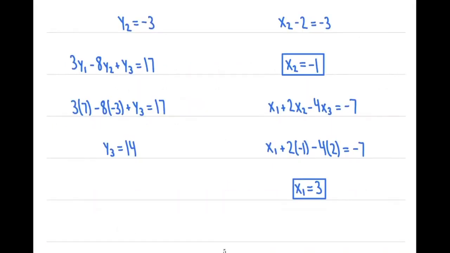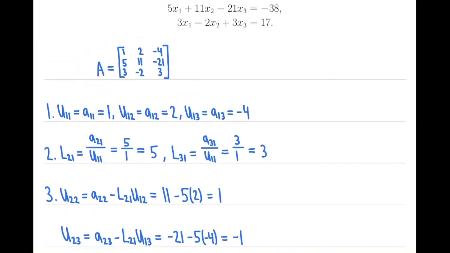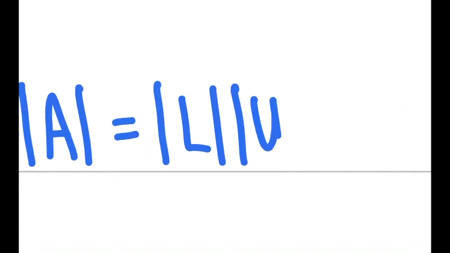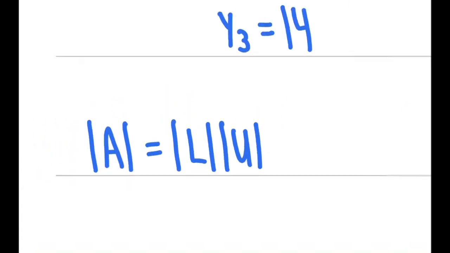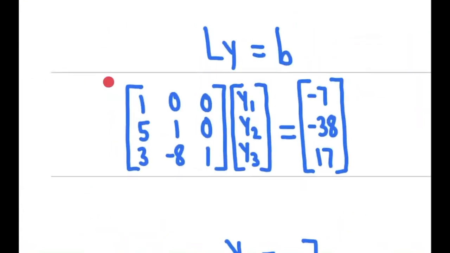But just for fun, let's find the determinant of A. Okay, that's not too bad. Are we going to use the cofactor? Well, we know A is L times U. So that means the determinant of A is just going to equal the determinant of L times the determinant of U. And what is the determinant of L?